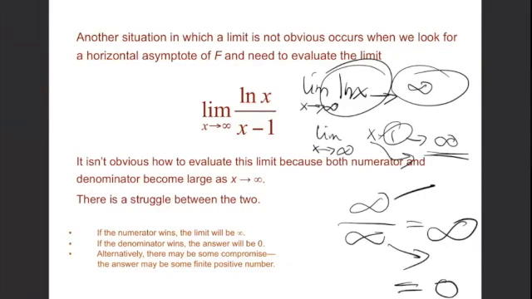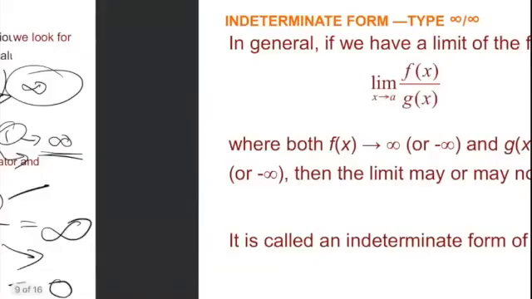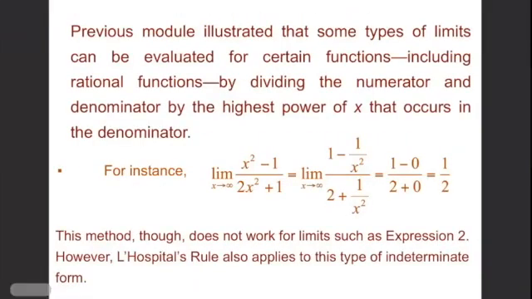So what you're going to do if you encounter this, the same as with 0 over 0, is apply L'Hôpital's rule. In our previous module, as I illustrated a while ago, if you have an argument that approaches infinity, you divide all terms by the variable with the highest exponent, such as 1 over x squared.